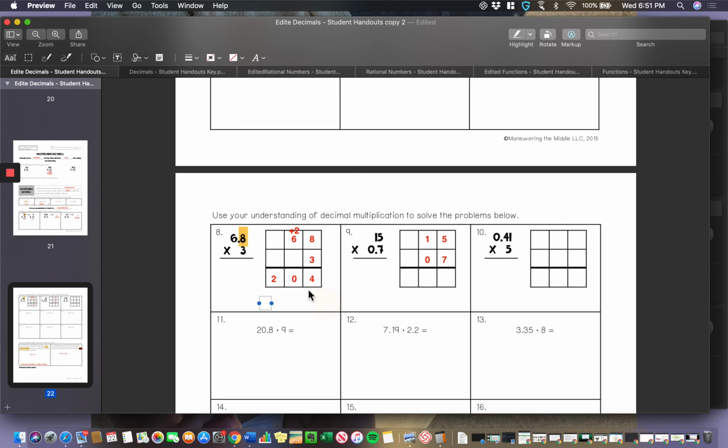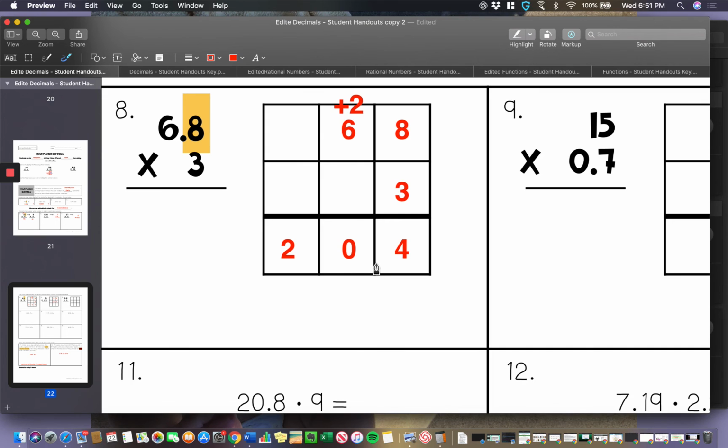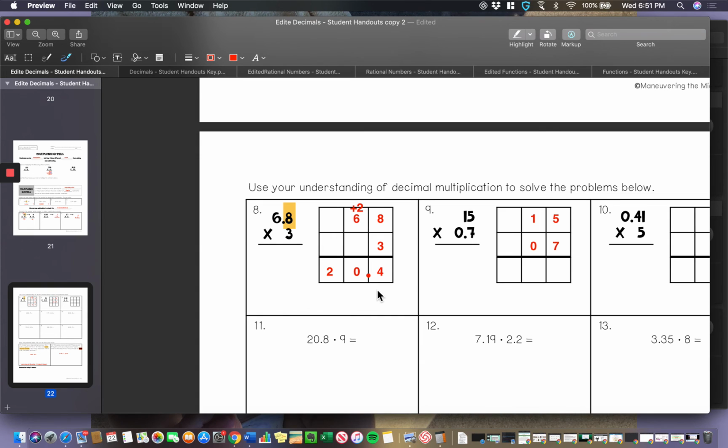So right here it says I have 204, but really I need to add my decimal place in, right? So you can go ahead and add your decimal place in where it would be, or you could just rewrite your answer underneath the problem. Either one is fine with me.